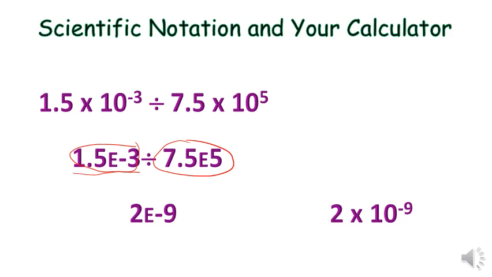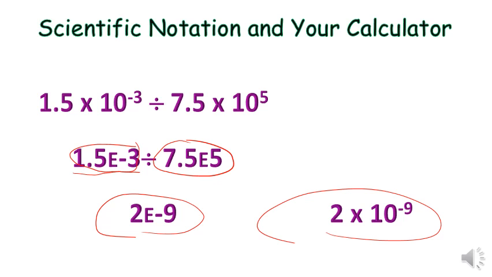And yes, 2 times 10 to the -9th is in the ballpark that we had guessed. Do not write it like that. That is not an acceptable way to write an answer on your paper. This is what I call math geek speak. It's like the data you would have to enter into a calculator. But this is the way we actually write it.